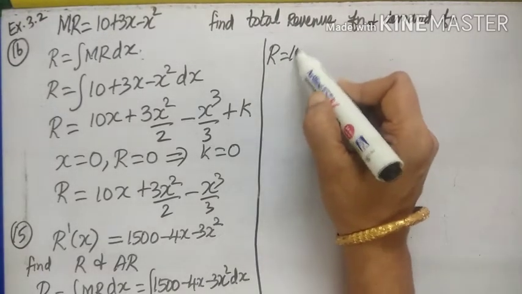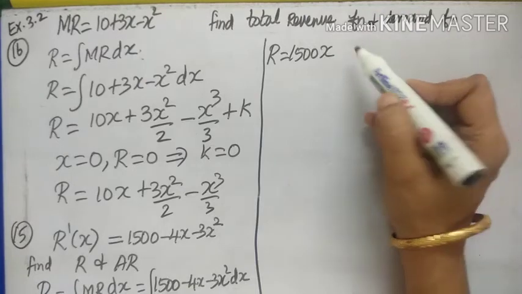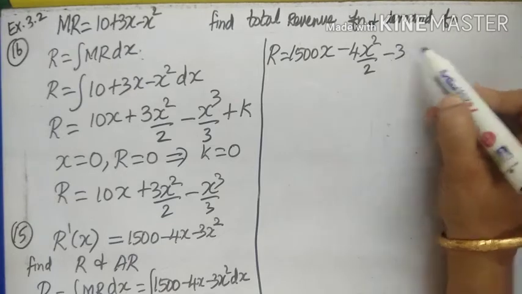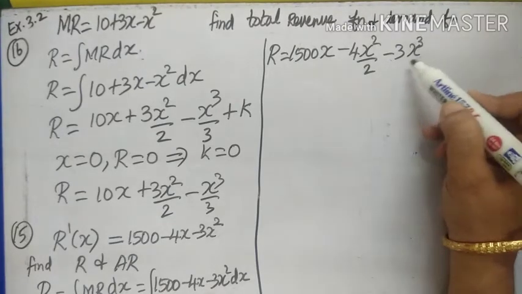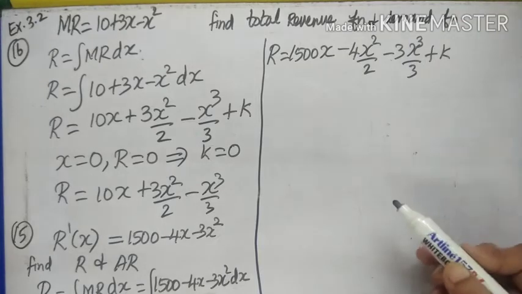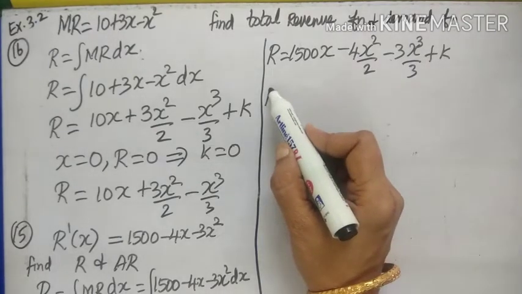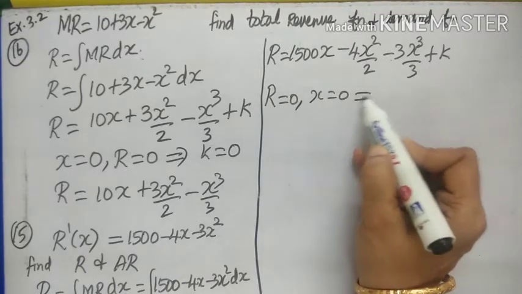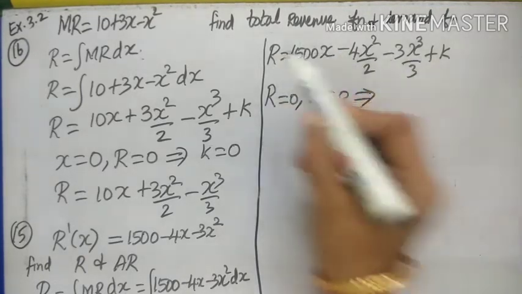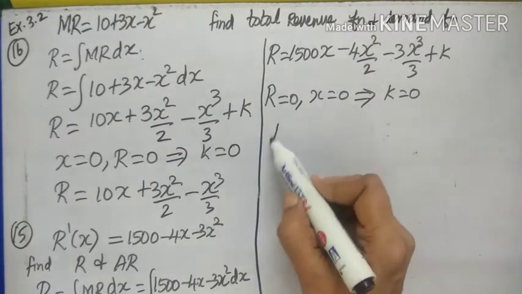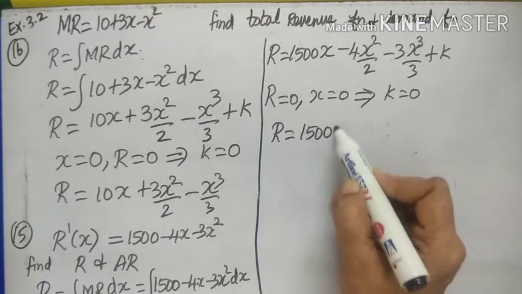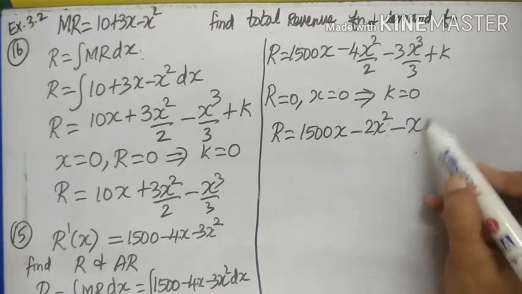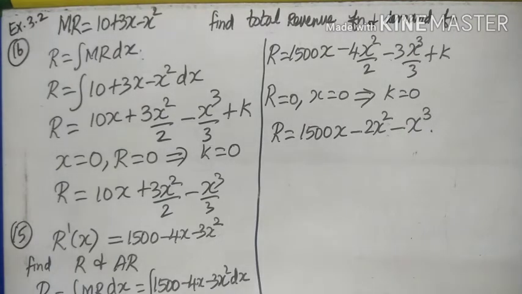R equals 1500 will become into x, 4x will become x square by 2, minus 3x square will become x cube by 3, plus constant. We can cancel and we write R is 0, x is 0 implies k is also 0. So R is equal to 1500x minus 2x square minus x cube, and that is the answer.